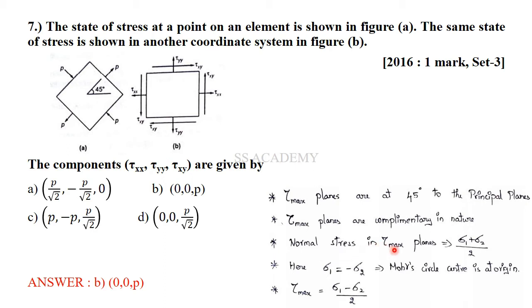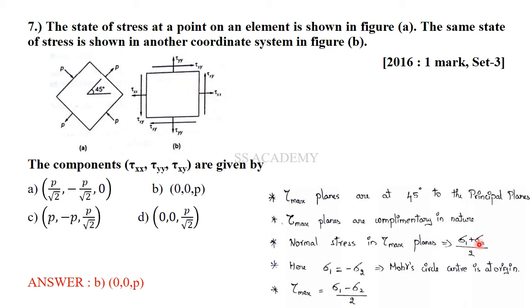Normal stress in the maximum shear stress plane is always calculated as the average of the principal stresses, sigma 1 plus sigma 2 by 2. We are finding the normal stresses because they have asked for tau xx and tau yy. Tau is actually used to denote shear stress, but here they have used it to denote normal stress.